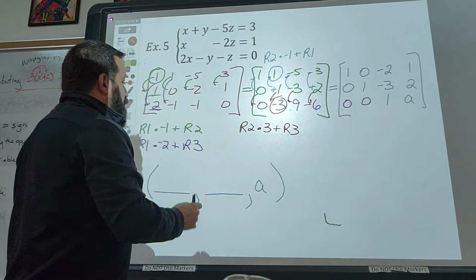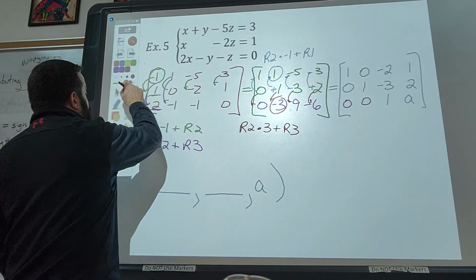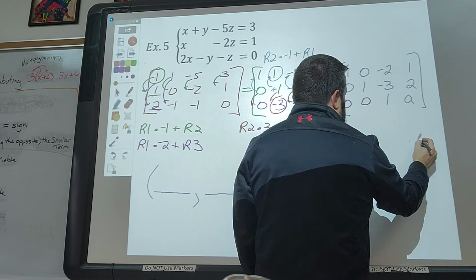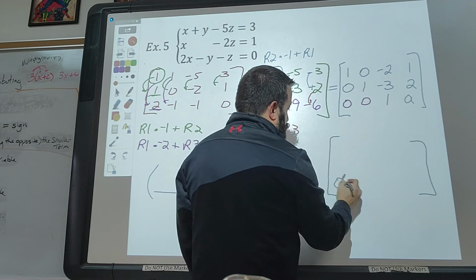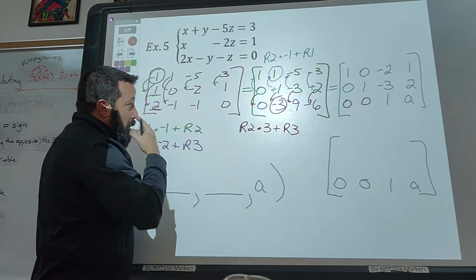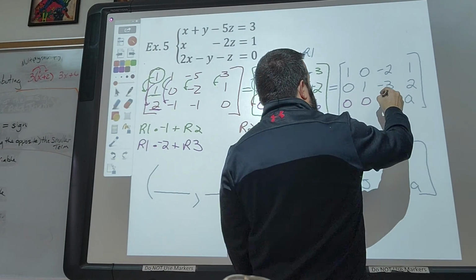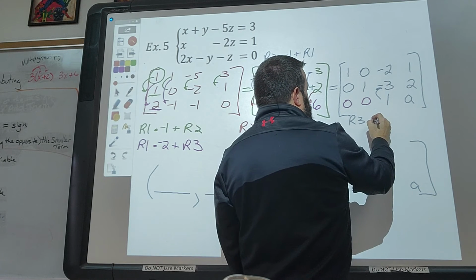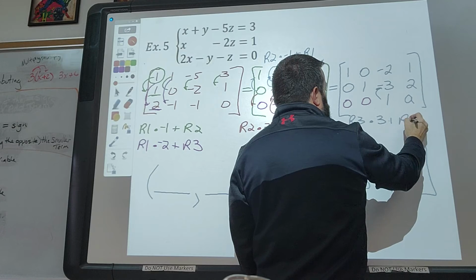I now have a 1 in that spot. So what I could do is keep that row the same, 0, 0, 1, A, because that's going to be my A there. I want to get rid of this 3, so I'm going to multiply row 3 times 3 and add it to row 2.